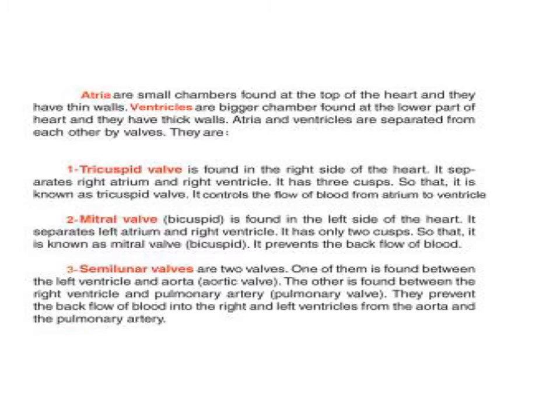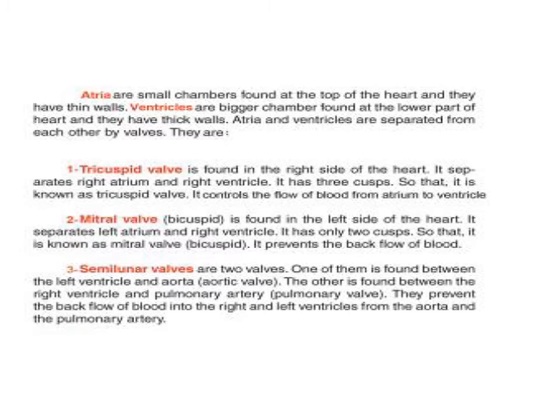At the beginning of the aorta is found a valve. The other is found between the right ventricle and the pulmonary artery, the pulmonary valve. The pulmonary artery opens from the right ventricle.